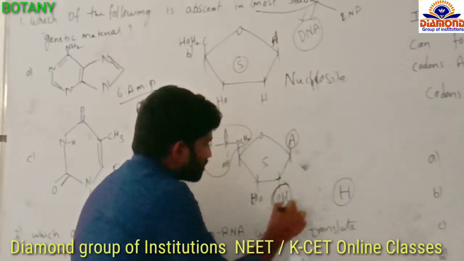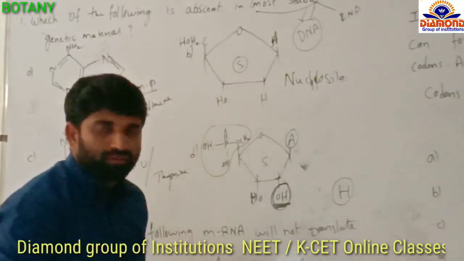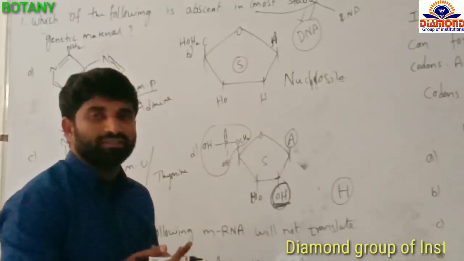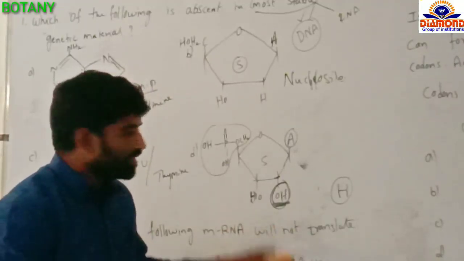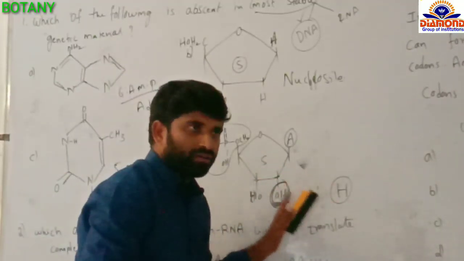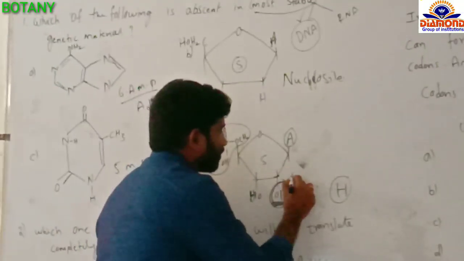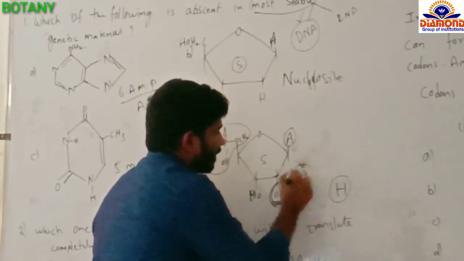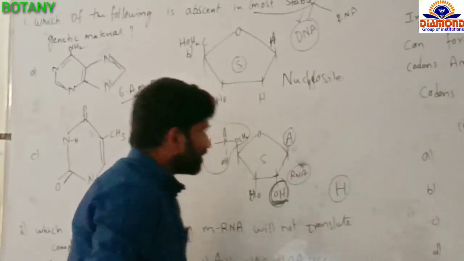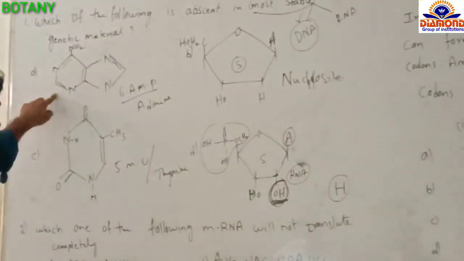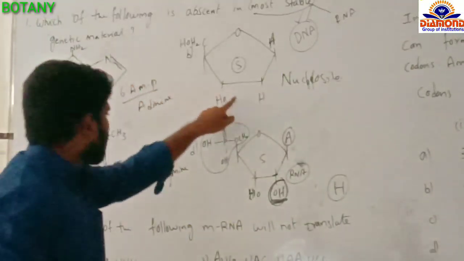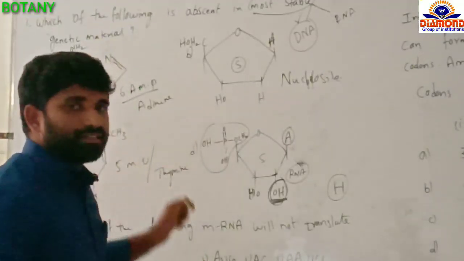These hydroxyl groups seen at the second carbon atom of the ribose, the pentose sugar, are the character of RNA.